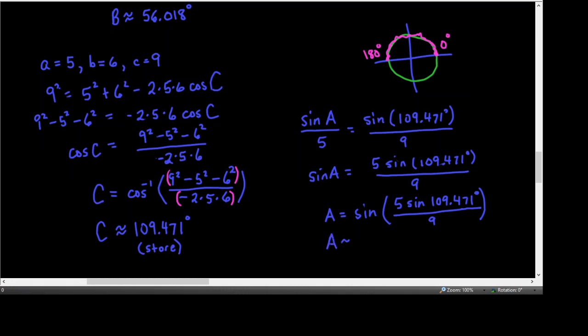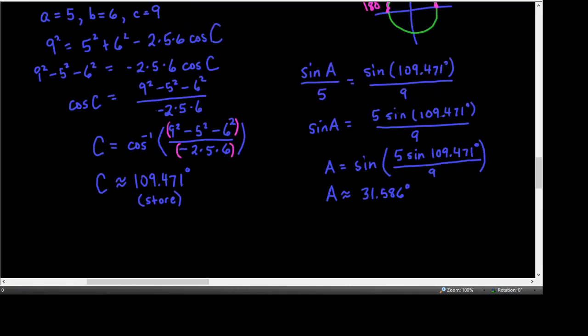Okay, so let's see, what did we get for A? 31.586 is what I get. And then, of course, once you know 2 angles, the easiest way to get the third angle is to use subtraction. So angle B will be the total of all 3, 180 degrees, minus the stored number in your calculator minus your last answer, which you might have stored.